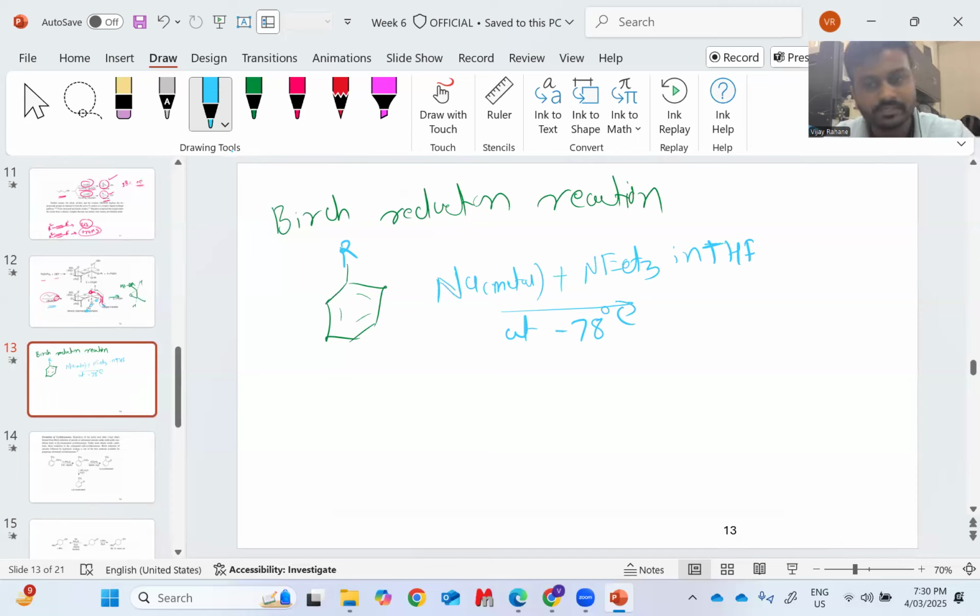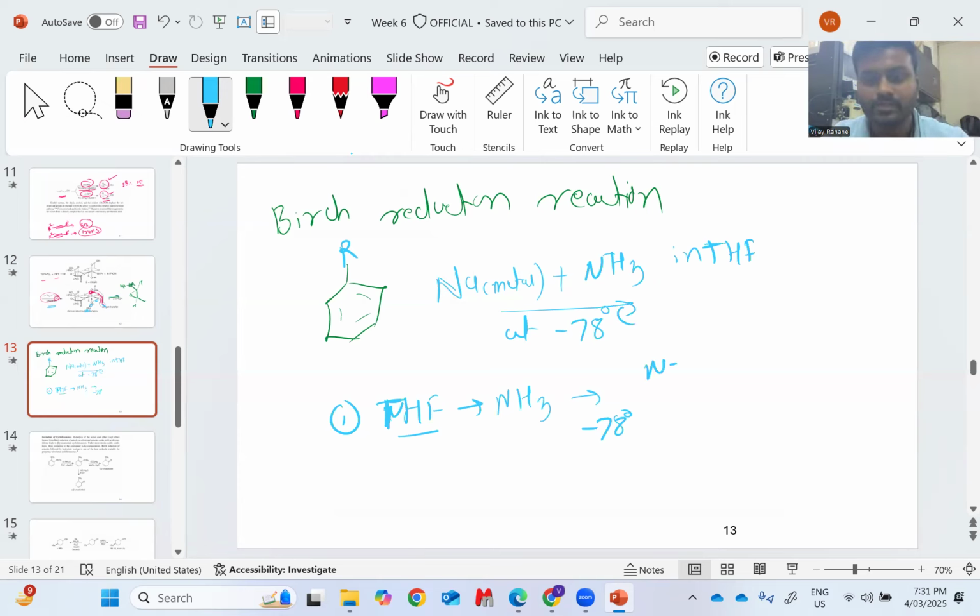We add the THF, then add the ammonia, not triethylamine. First the ammonia. So we need to add the ammonia first, in THF at minus 70 degrees Celsius.